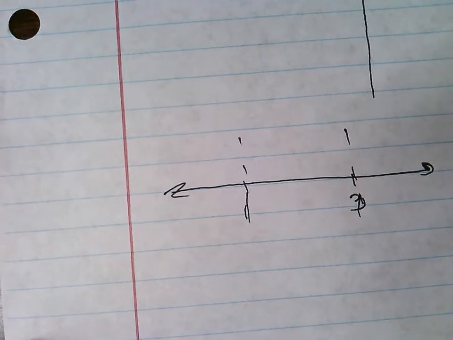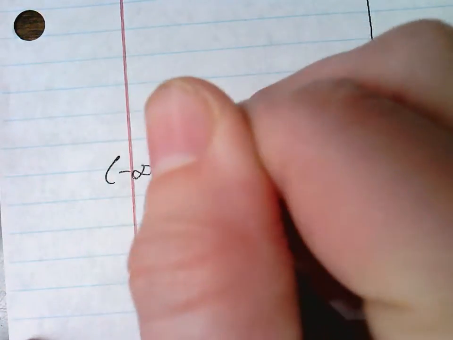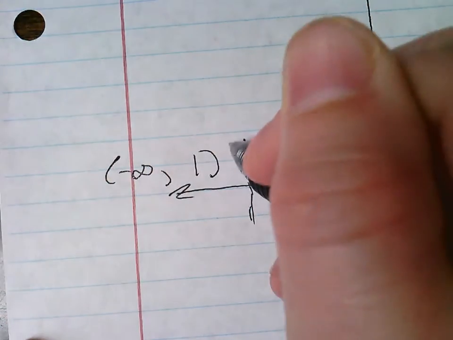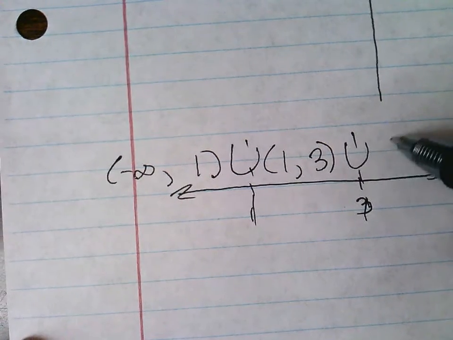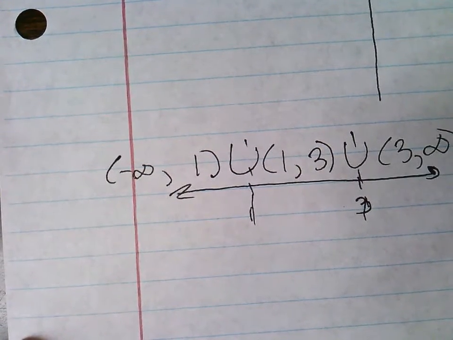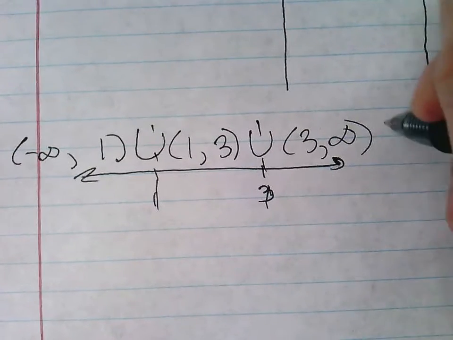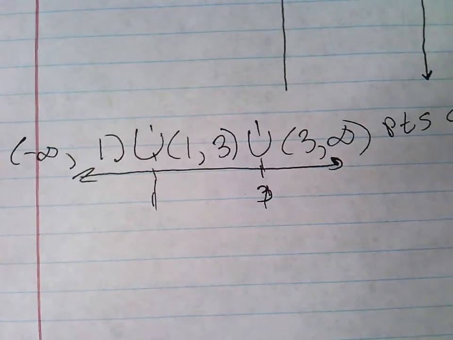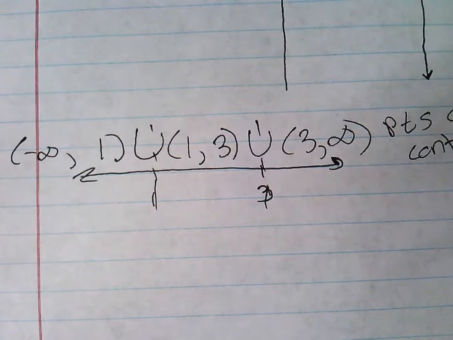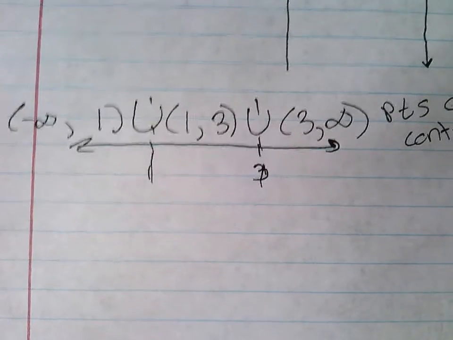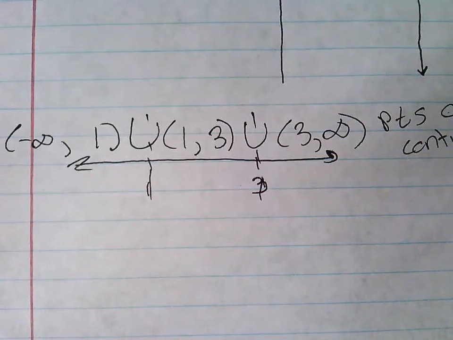So when I do my interval notation, my points of continuity are going to be negative infinity to 1, union 1 to 3, union 3 to infinity. So those would be my points of continuity. Okay, or you could say intervals of continuity.